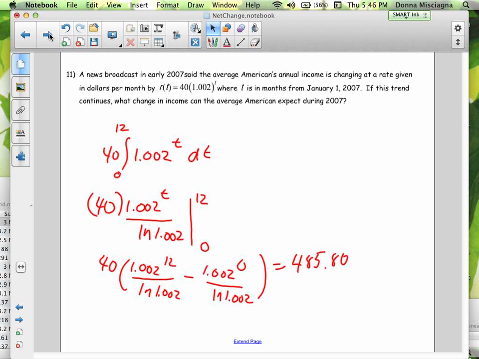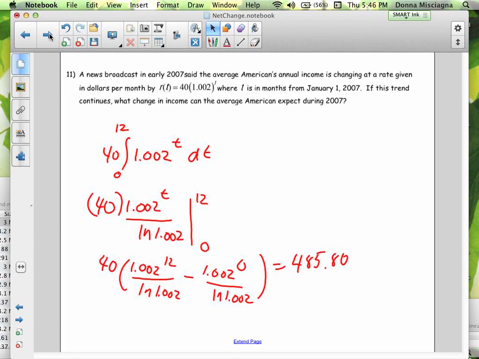I pulled out the 40 because it's just a constant, and I integrated. This is a simple integration, no problem there. So this is an exponential equation, right? Remember, for your exponentials, just like e to the t, when you integrate e, you get the exact same thing, an exact copy.